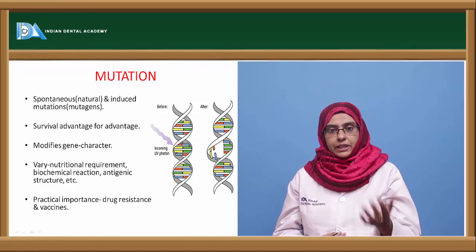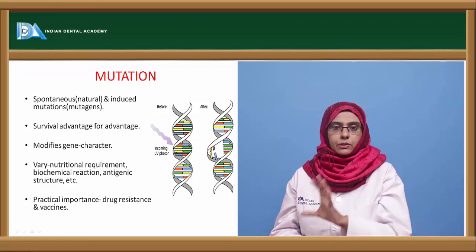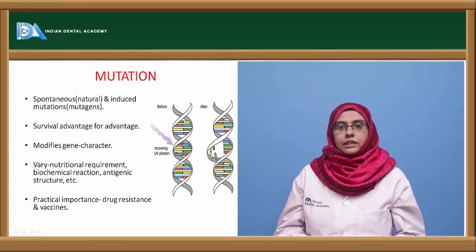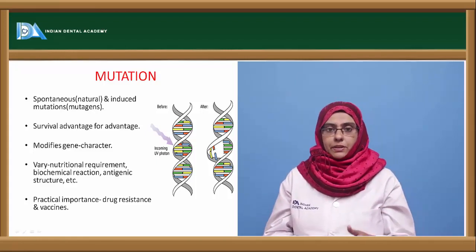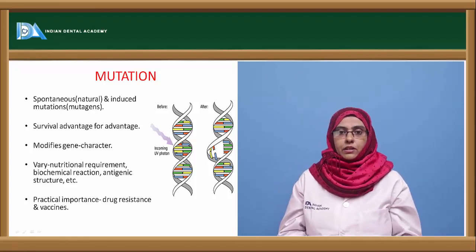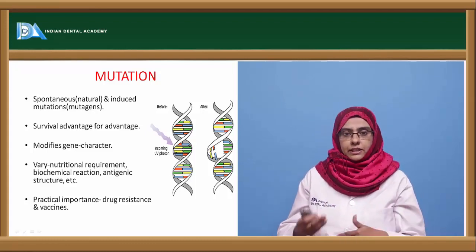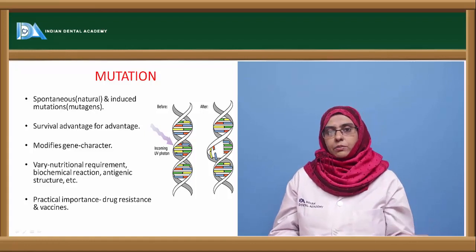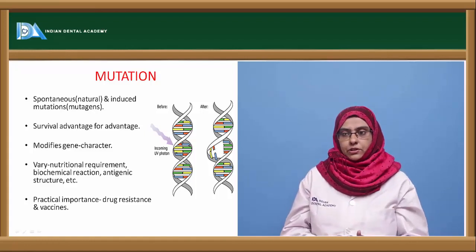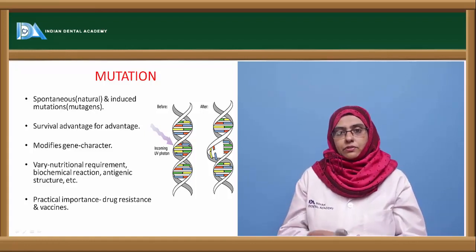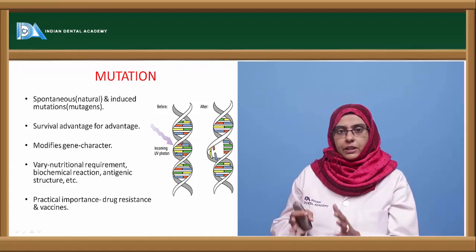So in a patient who is on a particular antibiotic, the mutated organism confers a survival advantage in the human host, where they multiply in spite of the drugs taken by the human to treat a particular infection. So it confers certain survival advantages for the organism to survive in that particular environment.